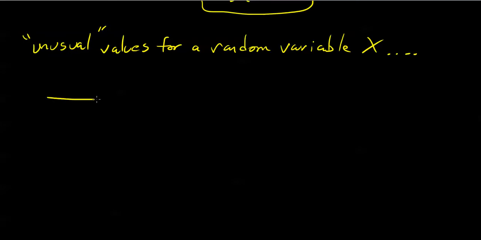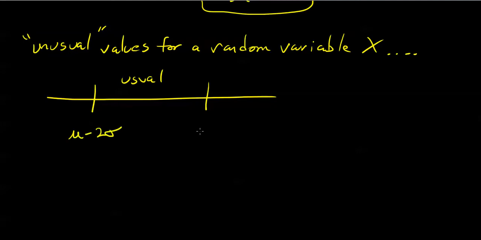And this is going to look very familiar. Basically, and somewhat arbitrarily, we're going to define usual values of a random variable as being within 2 standard deviations of the mean.